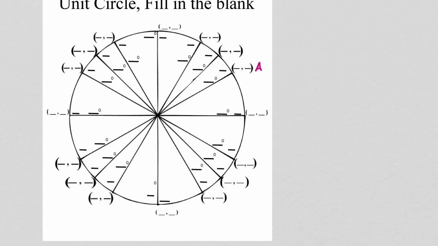No. But on the first test, you're not going to be allowed to use a calculator. So you are going to have to be able to either figure out what the values are, or make yourself a rough sketch of the unit circle to help you get what those values are. Does that kind of answer your question?